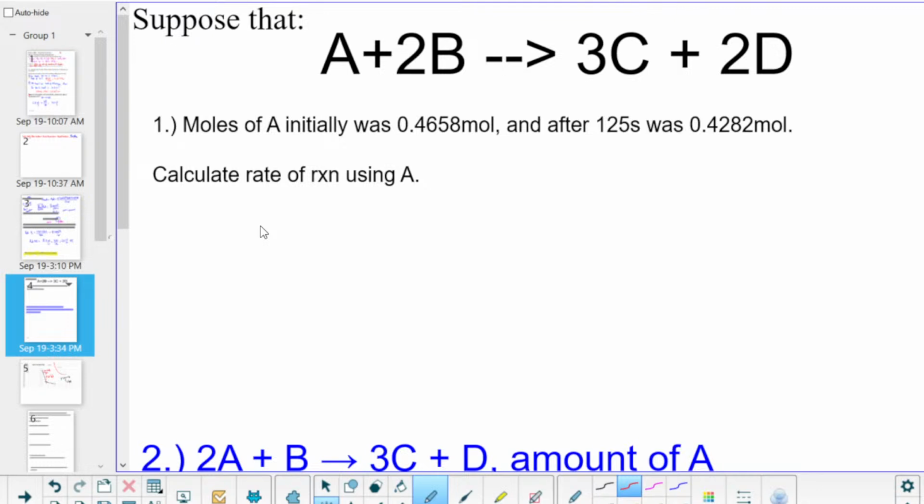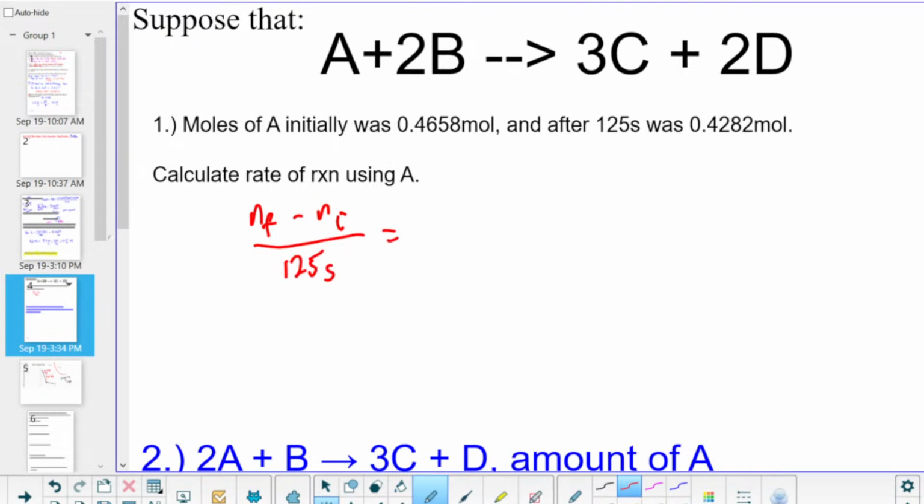I'm talking about Inara. You do amount final subtract amount initial, and then divide that by 125. So mole final minus mole initial divided by what? 125 seconds. Excellent.